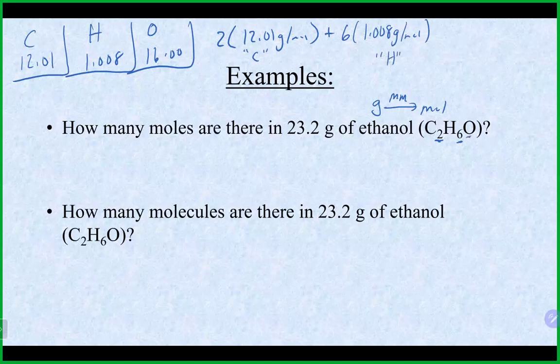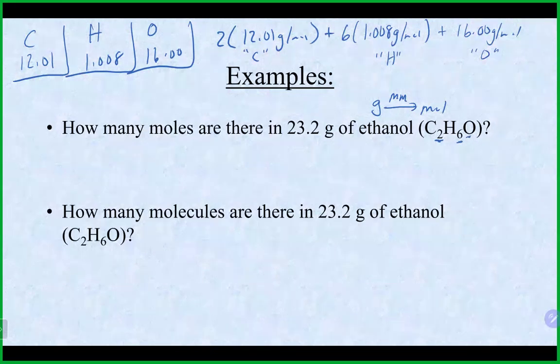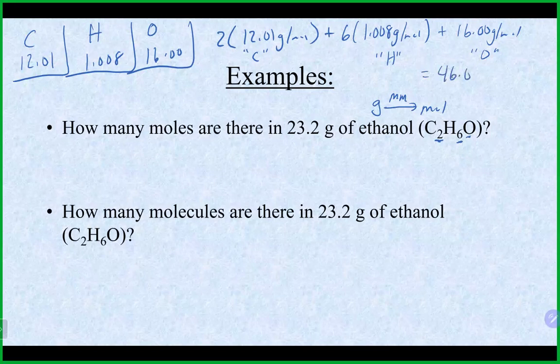And we just got 1 oxygen, which is 16 from the periodic table. And again, just going to basically add up all the parts from the formula there. And that's going to get us here 2 times 12.01 plus 6 times 1.008 plus the 16. Looks like 46.07 grams per mole would be the molar mass here of ethanol.